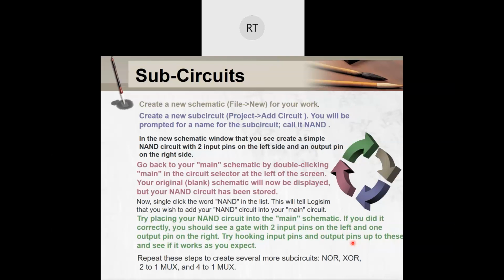And then you want to create a 9, you have 9 XOR. So you create a small subcircuit and you use it to create a bigger circuit. This is the main idea of using subcircuits, okay? You can create subcircuits for NOR, for XOR, for a mux, for 4-to-1 mux, and we will learn how to use these also on Logisim, okay?